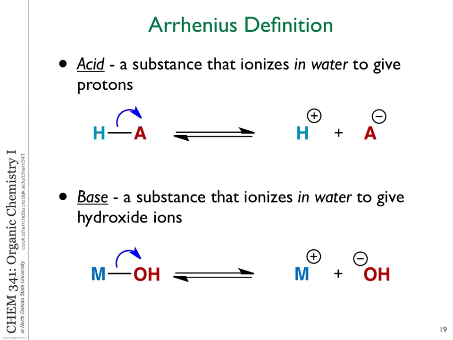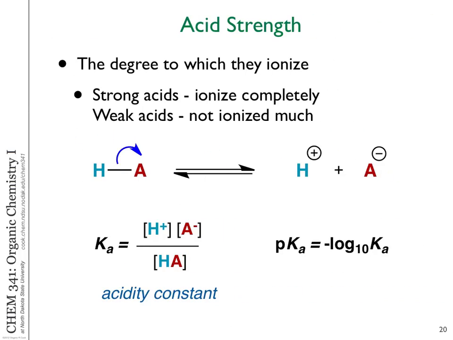The Arrhenius definition was a good one back in the day, but there are some limitations to it. A better definition for acid and base is the Bronsted-Lowry acid-base. It's important also to know that protons don't just become free protons floating around.